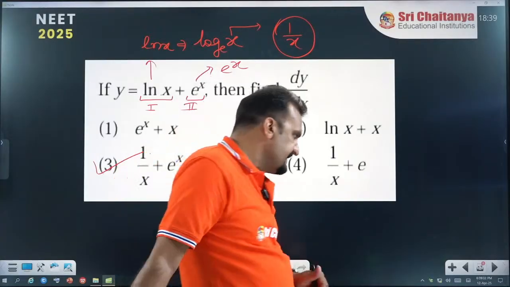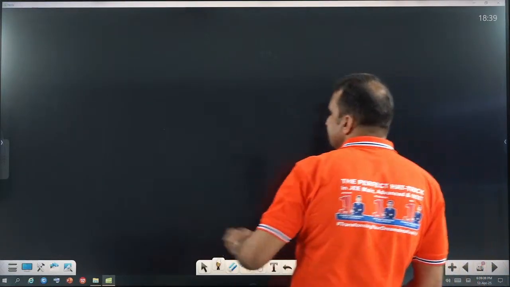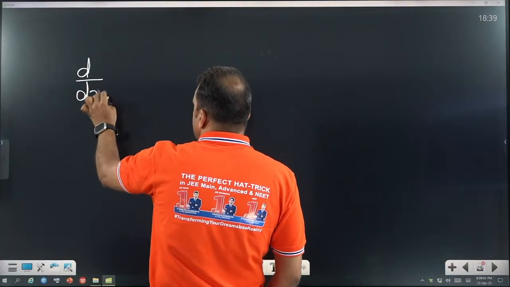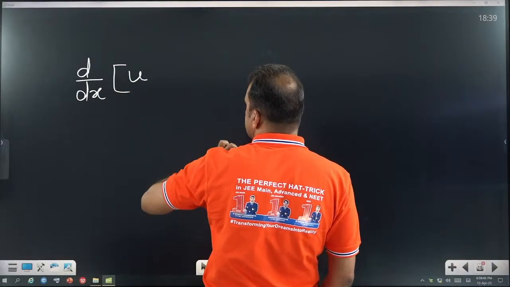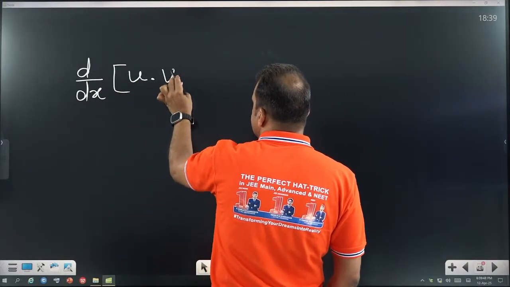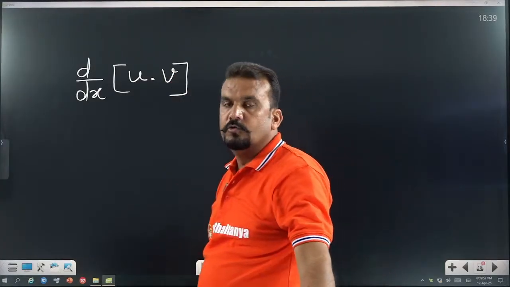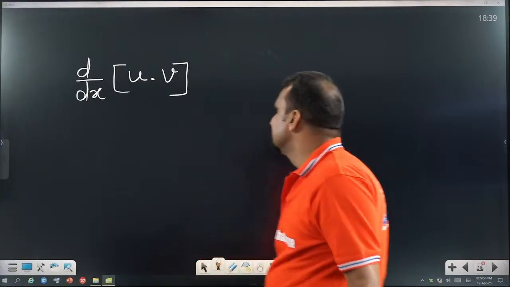One more thing, let us take one more example on one rule I told you, that is the multiplication rule. Sometimes it can be used. Multiplication rule in the sense, whenever two functions are given like that, let us assume function u multiplied by function v, u into v. Then how to differentiate this?